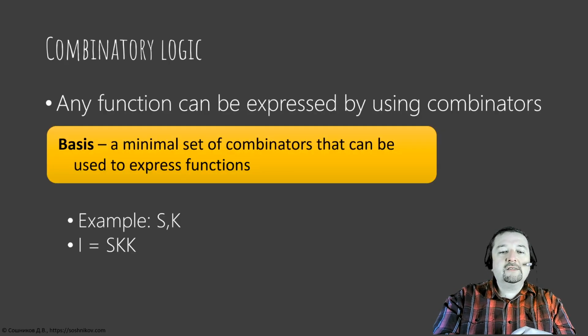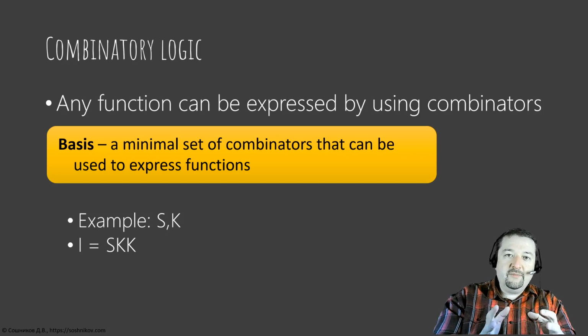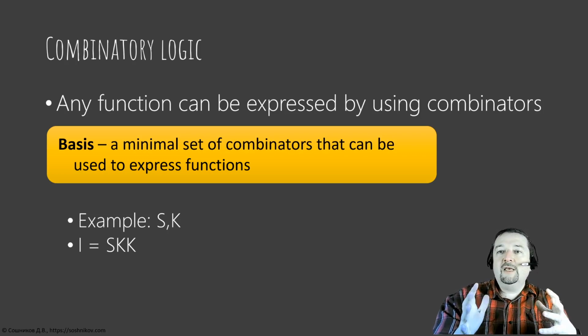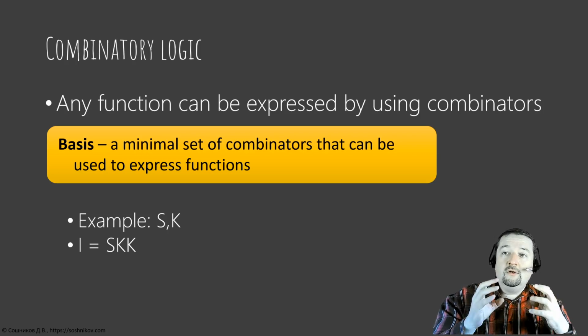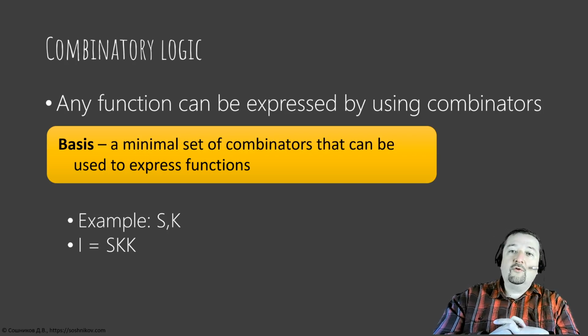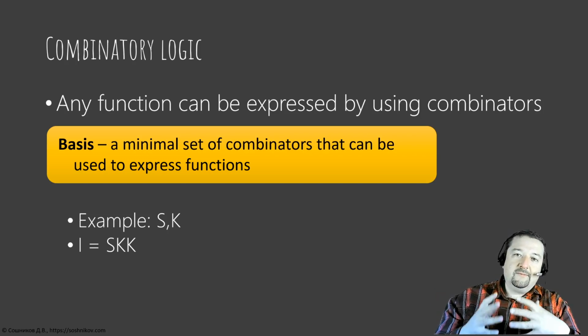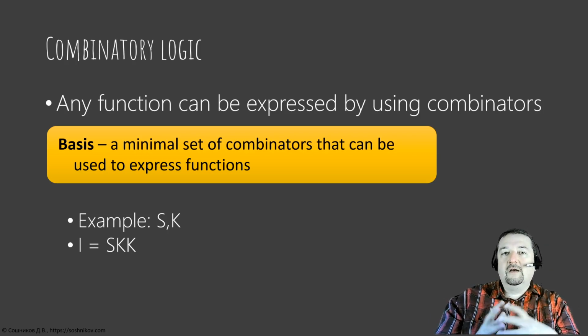In fact, the minimal set of combinators that can be used to express any function is called a basis, and S and K actually form the basis. You can build a whole programming language just on 2 operators and 1 application. This is very beautiful, but of course it's not very practical because all the computations would be rather long, but in theory, this is a great result.